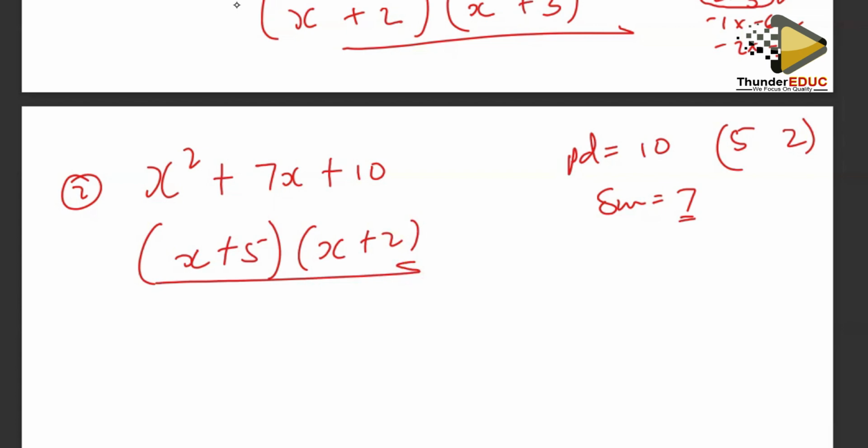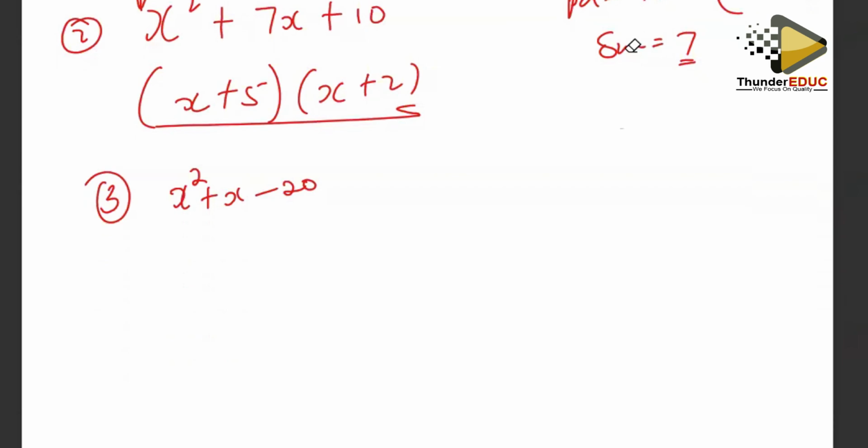And then what happens if the a is not a 1? And what also happens if you have a negative sign in between? So let me start with the negative sign, then I'll look at the a not being a 1. So we have x squared plus x minus 20. So our product is a negative 20.